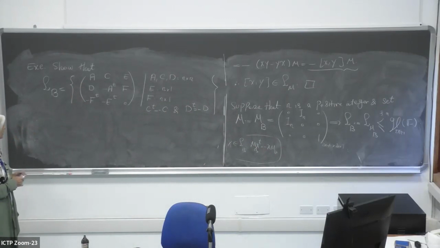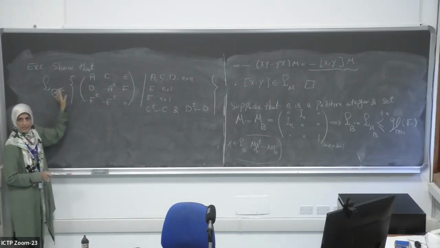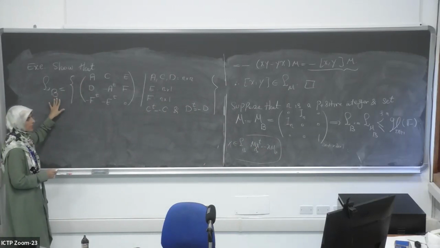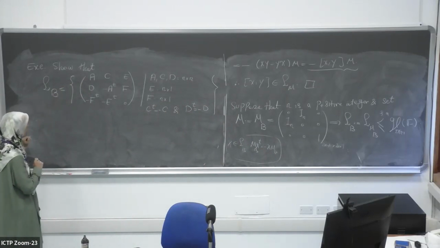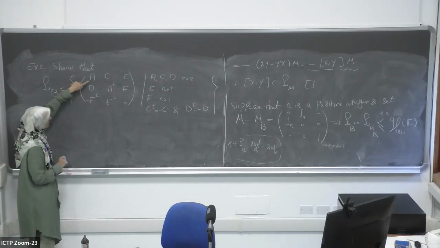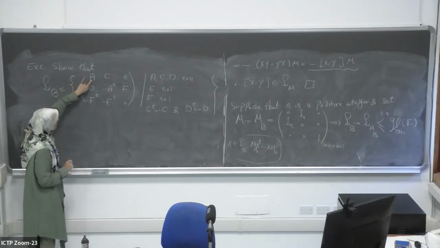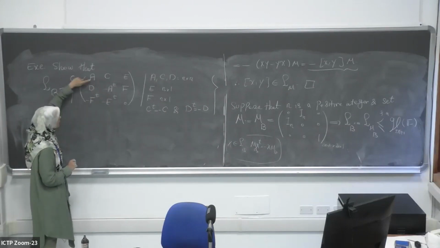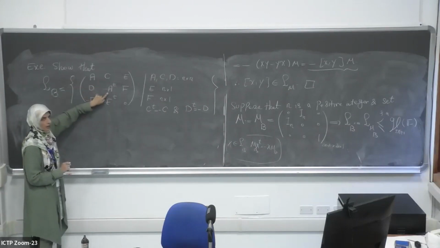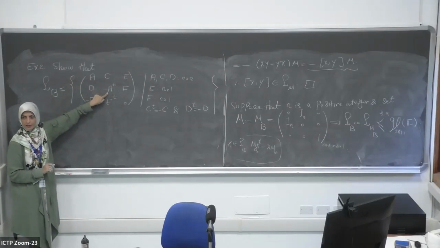Okay, but let's find some basis for the elements of this L_B. Okay, let's do it together. Before that, look at here. In the diagonal blocks, you have 0 here, you have A here, and you have minus A transpose here.